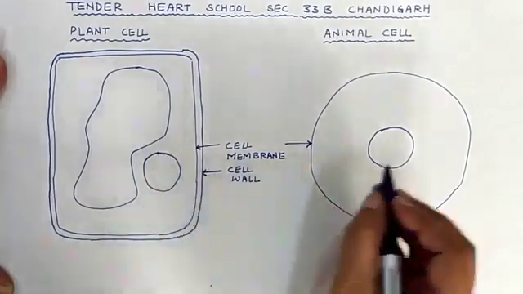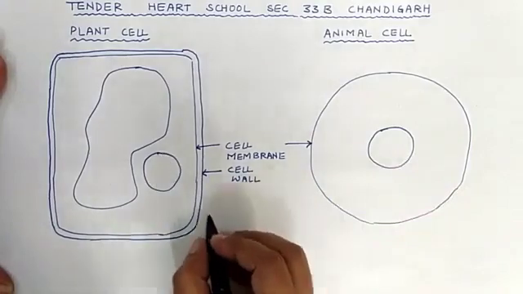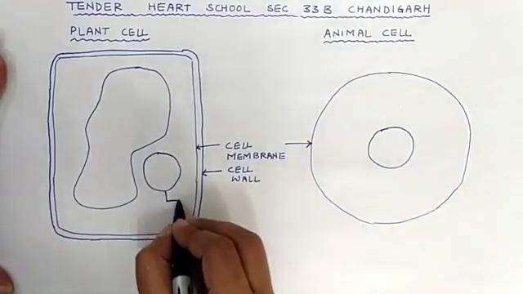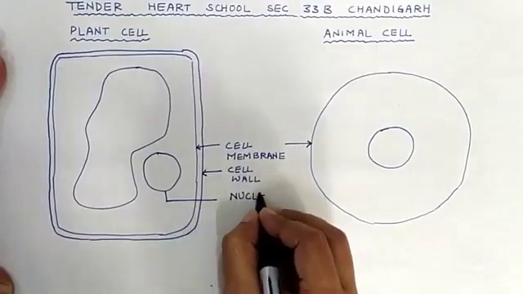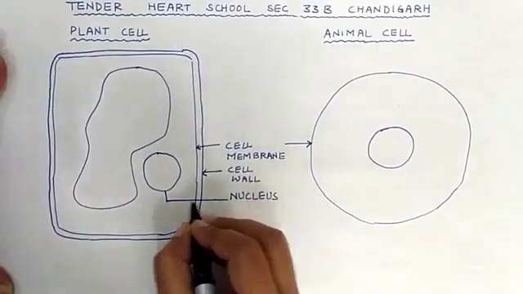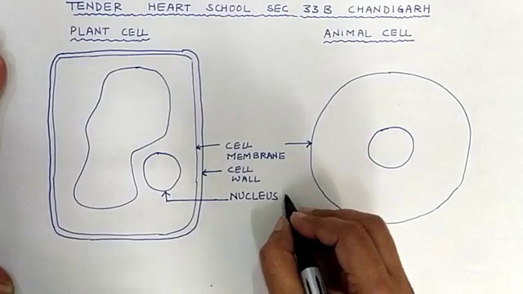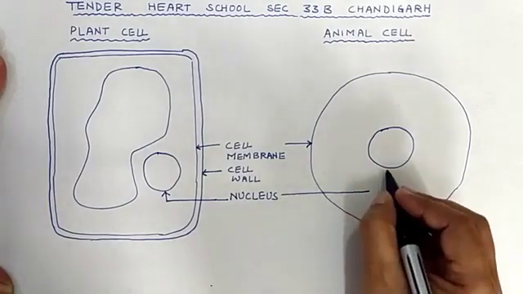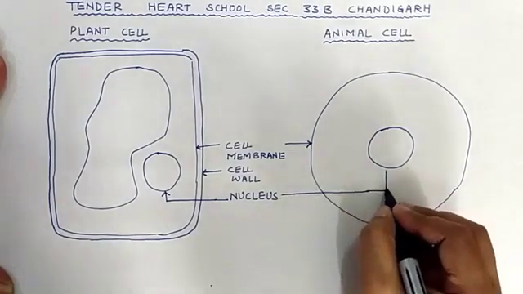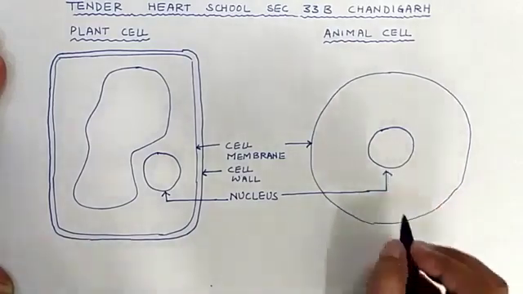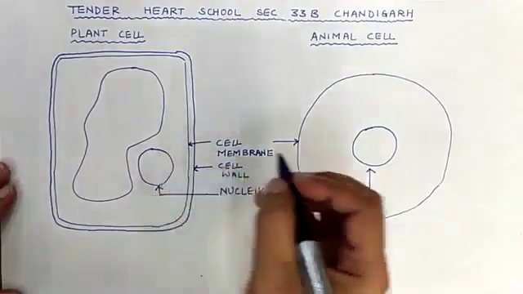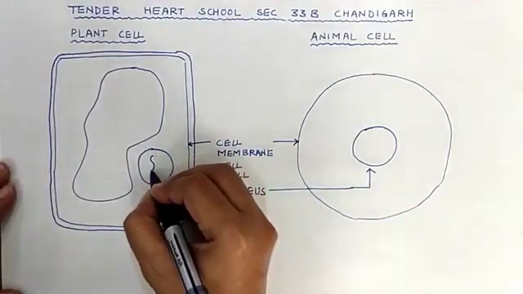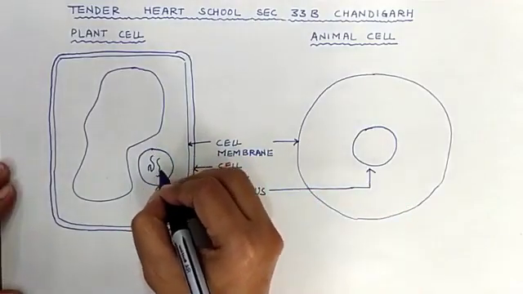This is the nucleus of the plant cell, this is the nucleus of the animal cell. So we can just label it. This is the nucleus. And similarly in the animal cell, this is the nucleus, right?